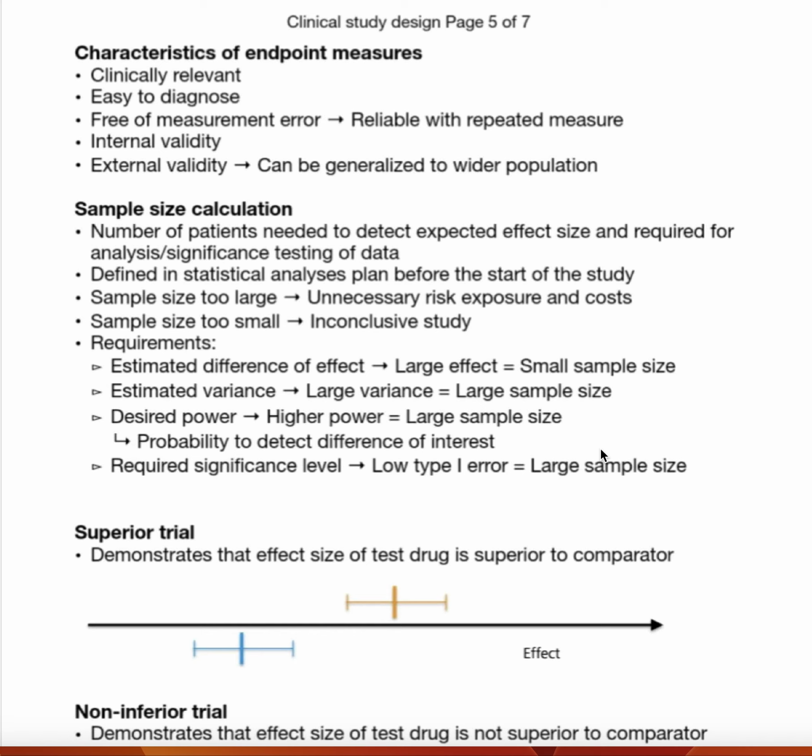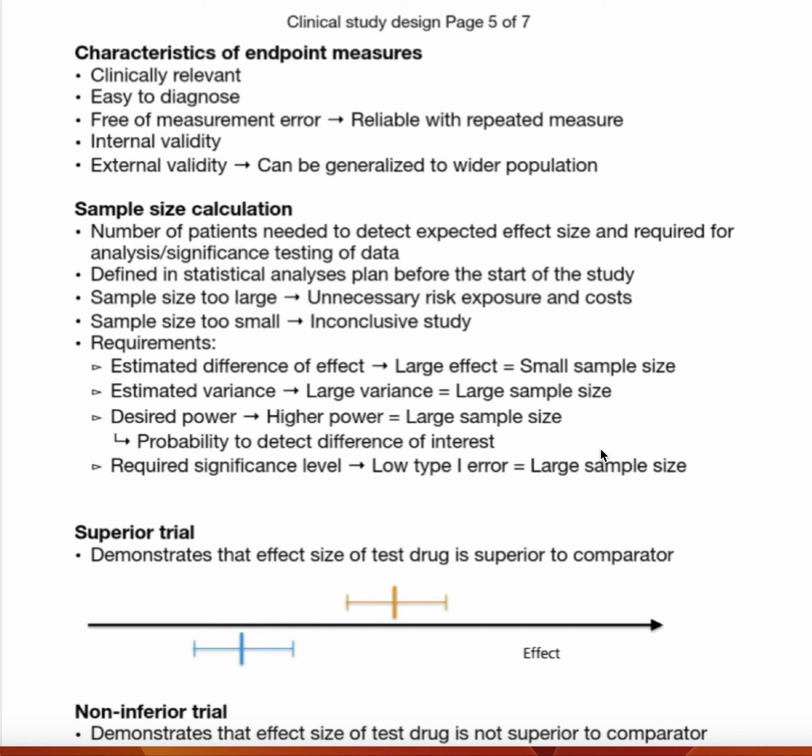Desired power, high power, so large sample size. That is the probability to detect the difference of interest. Required significance level, like low type 1 error. So low type 1 error, I mean here randomized error, so large sample size. As we say, to reduce the randomized error, we make the sample bigger.